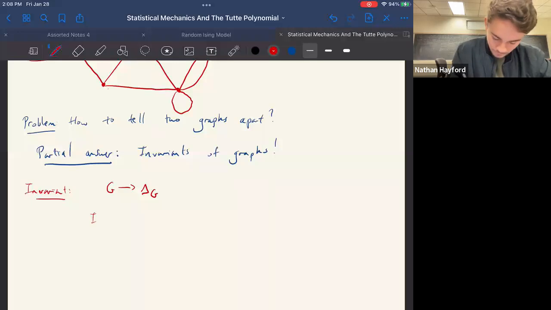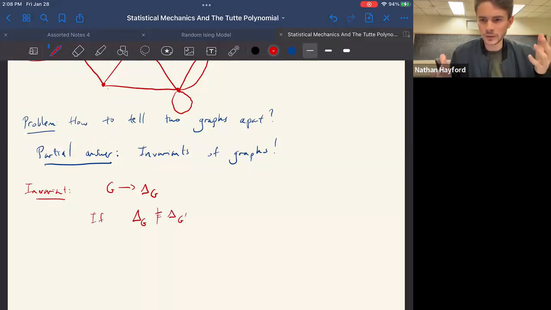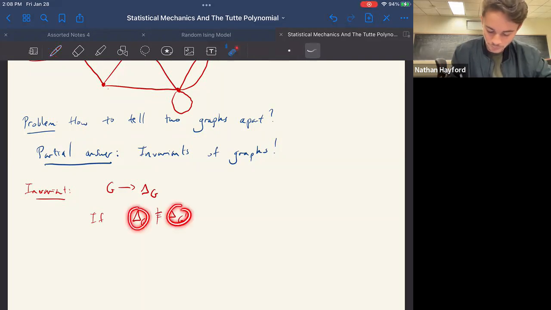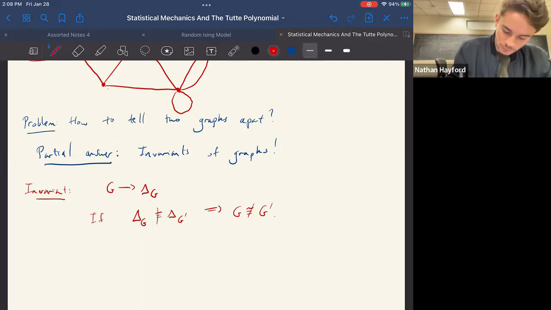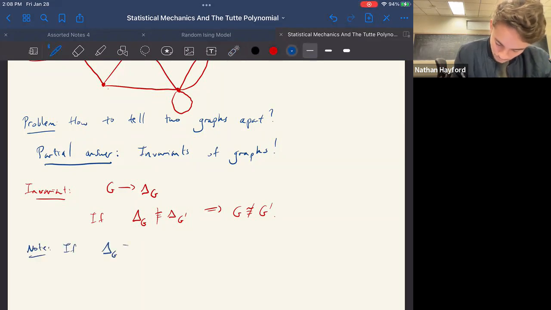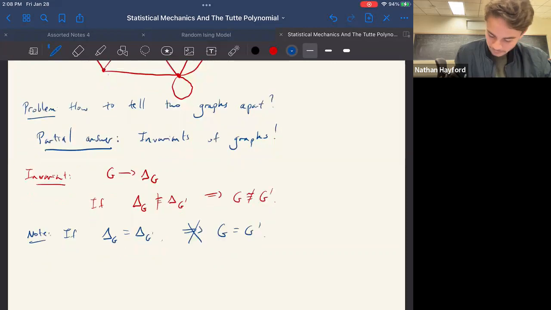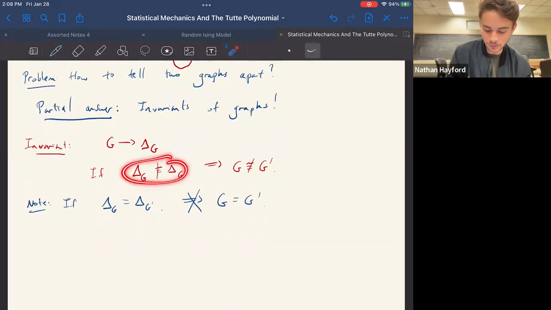And if these two objects are not the same, so delta G and delta G prime are not equal in whatever sense of equality they have, then this implies that the two graphs are not equal. Now, the converse doesn't necessarily hold. So note, if delta G is equal to delta G prime, this does not necessarily imply that G and G prime are the same. So we can only distinguish if the objects are different.